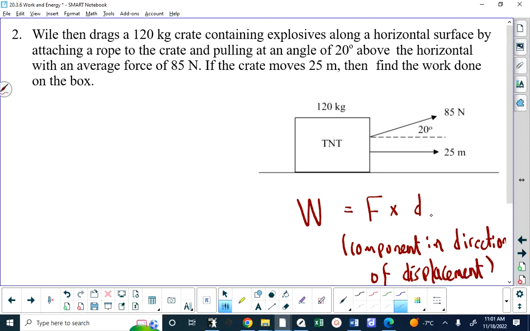Right, that's what I've told you. We can go back and you could read it, but I've told you that one way to calculate work done is to multiply the force by the displacement, but the force has to be in the same direction as the displacement, or it has to be the component.